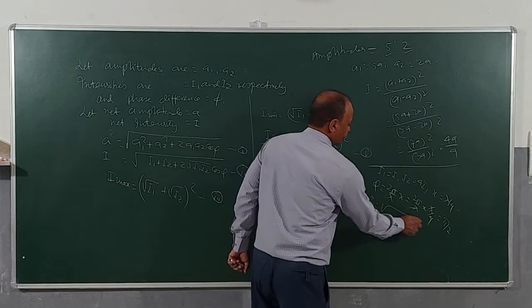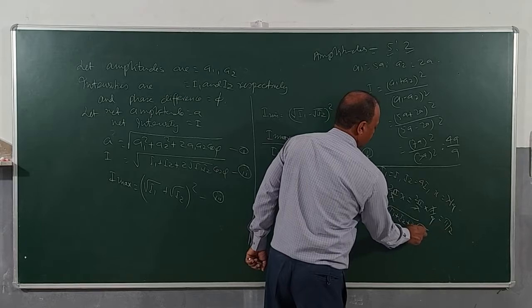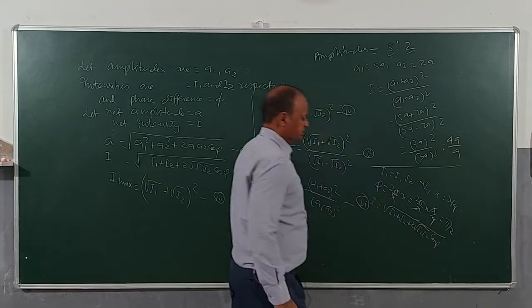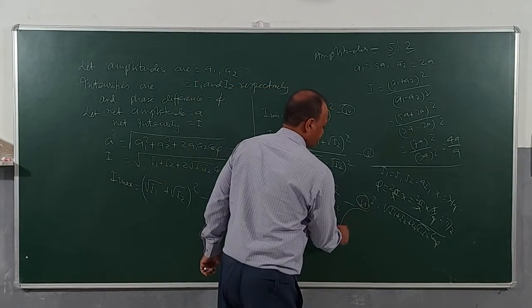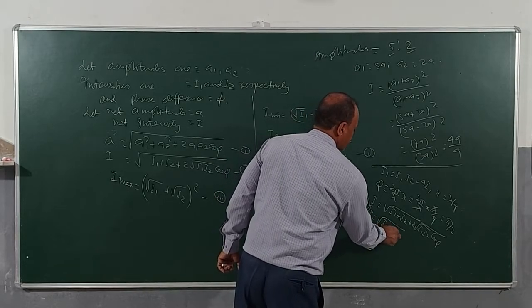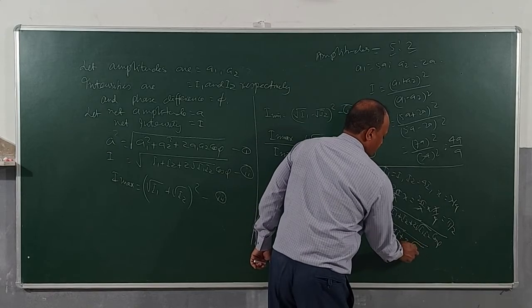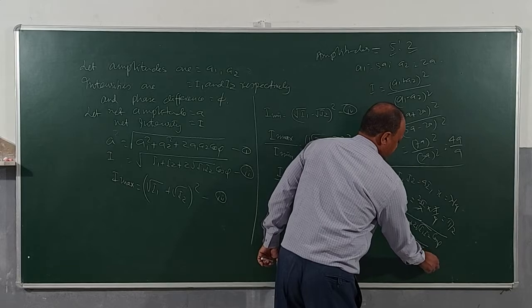I is equal to root over I1 plus I2 plus 2 root over I1 I2 cos phi. Yes? And then I will be equal to root over I plus 4I plus 2 root over I into 4I cos pi by 2.